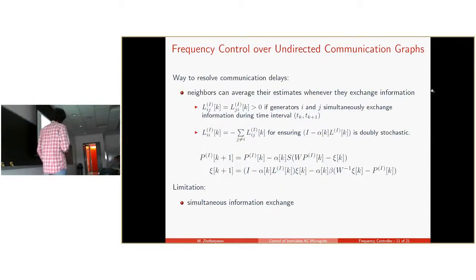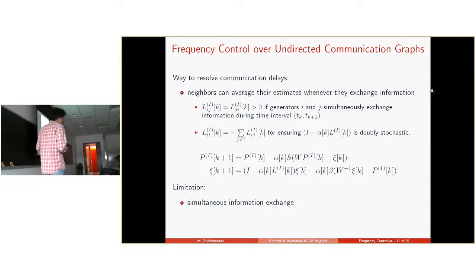A way to resolve communication delays is to let neighbors average their estimates whenever they exchange information. So if agents I and J exchange information during this time interval, then they set the weights in the Laplacian matrix to some positive value.